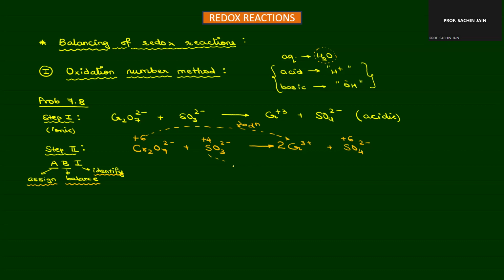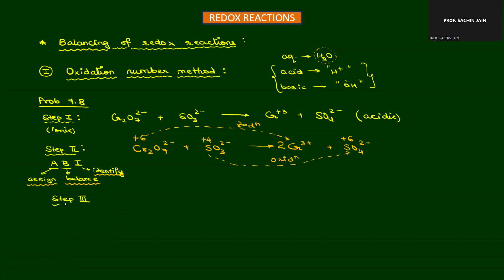And sulfur +4 to +6 indicates it undergoes oxidation. So we have understood the redox part over here. Step 2 is basically the ABI rule, where you assign, balance, and identify.